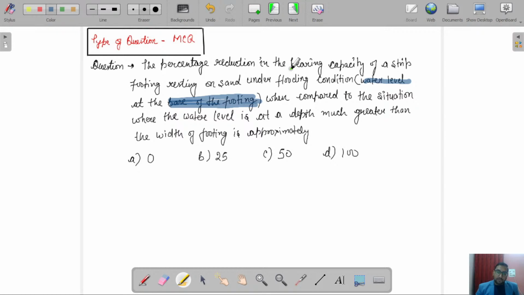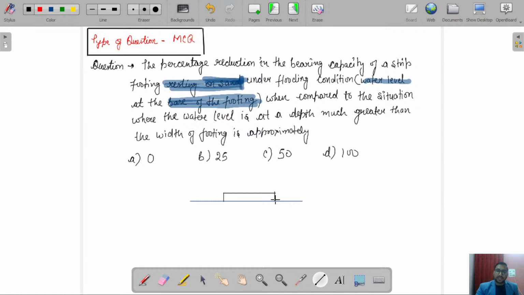Now, one important part is also that the footing is resting on sand. Suppose this is the sand layer, and foundation is at this level. It is not below the ground surface. Foundation is at ground surface.